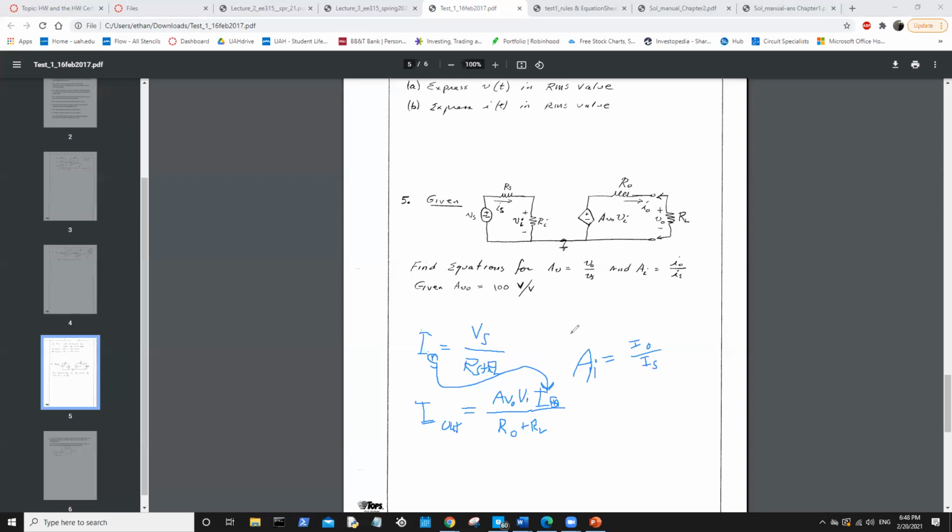Hold on. Well, could IO not just be, well, maybe that wouldn't work. Would it just be like the V out over, no, that wouldn't work, I don't think. V out over the sum of RO, RL.